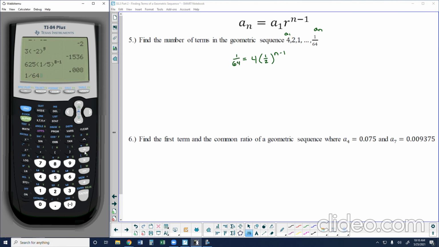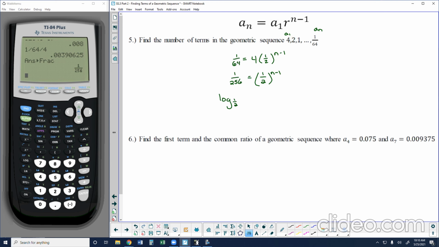If I have 1 over 64 and I divide that by 4, that's going to give me a quite long decimal, so I'm going to put that as a fraction, 1 over 256. And this would be equal to 1/2 to the n minus 1 power. Now I need to get this n minus 1 out of the exponent, and we saw this in a previous unit. Exponential equations, their inverse are logarithms, and so I'm going to use a logarithm with the same base here.